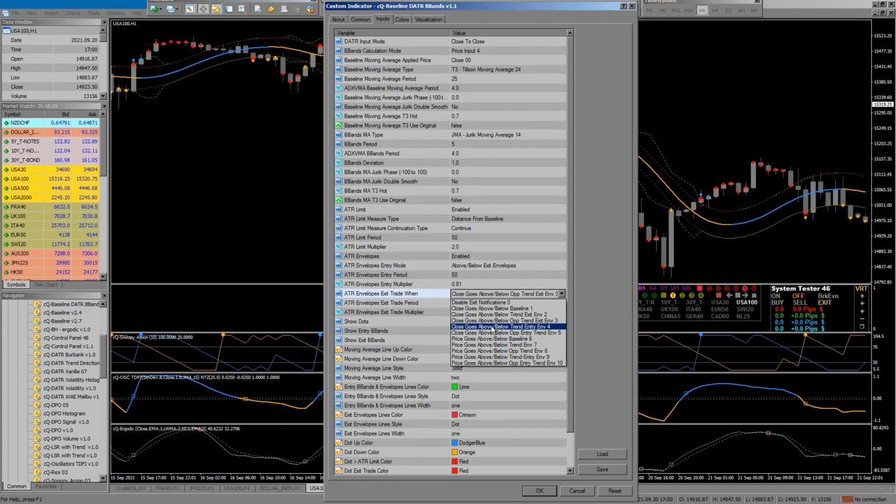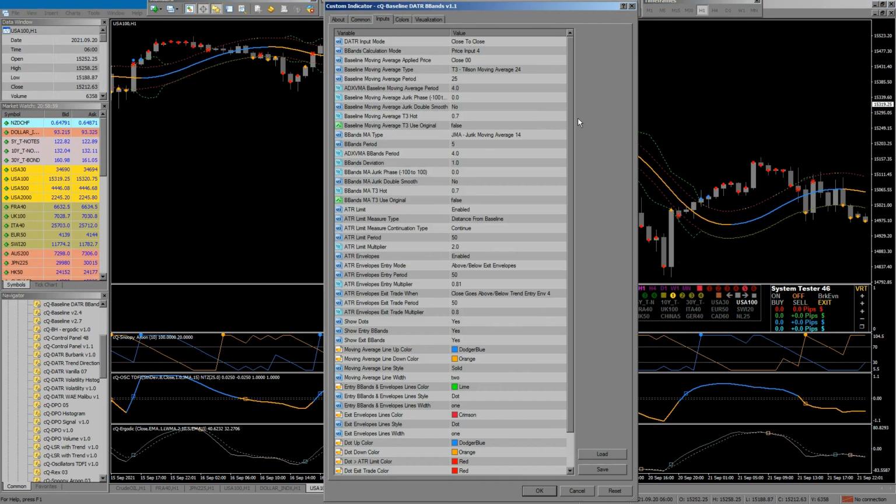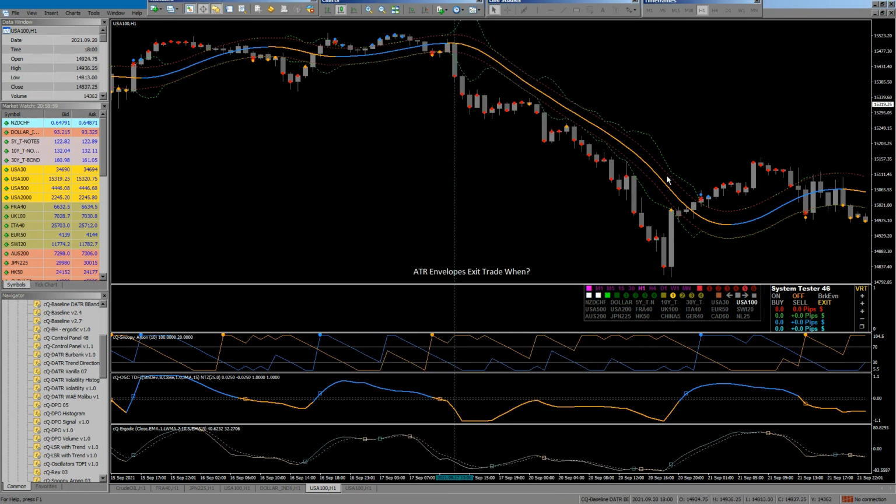Okay. Next one is the trend entry line, which again is the green line right here. If it goes above that, which it went right here, it didn't right there, but it did right here, you can exit there. And then the other one is just the opposite of the trend entry, so again, way over here.